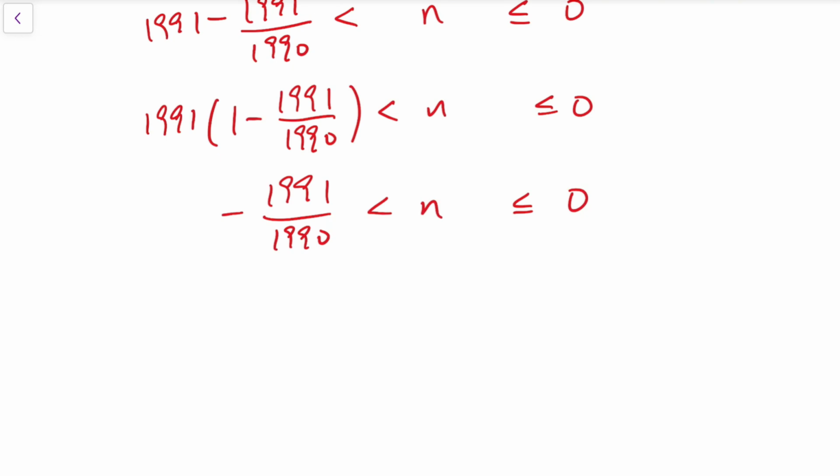Now, we have a range of n, which is an integer, and from this we know that n can only take two values, which are minus 1 and 0. So we can make use of this and go back to the equation above and try to solve for p.